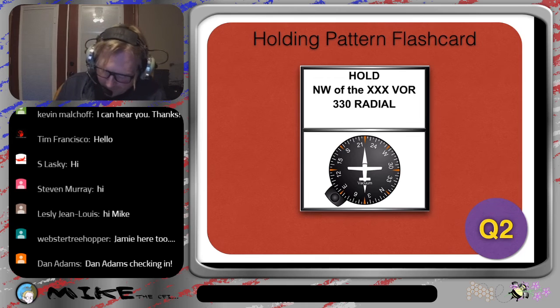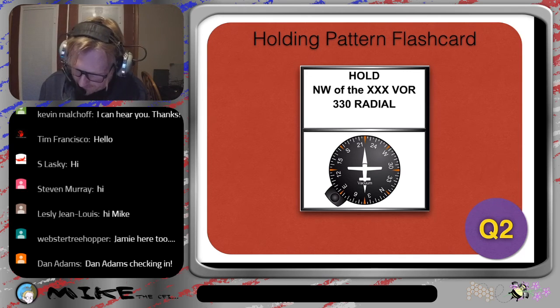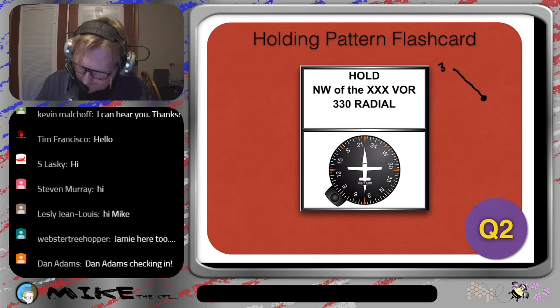So on this one here, we are told to hold northwest of the VOR on the 330 radial. So if we're going to draw it out, we draw our VOR, we draw 330. We come back to the VOR, draw a right hand racetrack pattern.